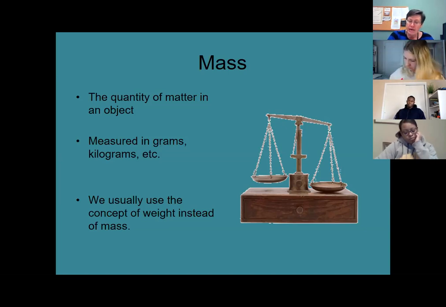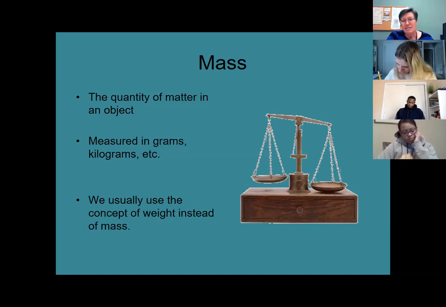So the mass of my object is the same wherever I am: on the Earth, in my spaceship, on the moon. The weight of my object is 6 times greater on the Earth than it is on the moon. And in outer space, my object has no weight.